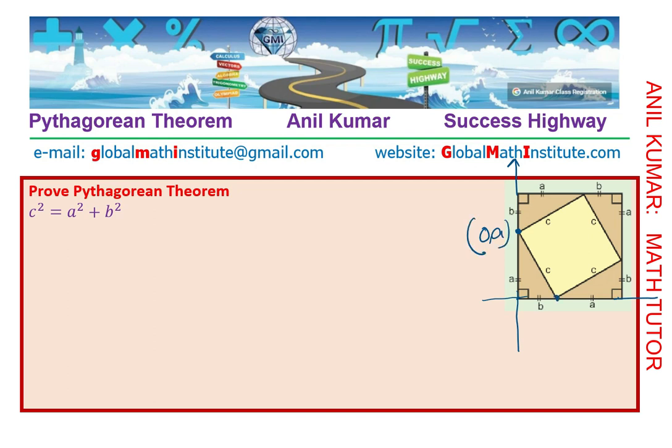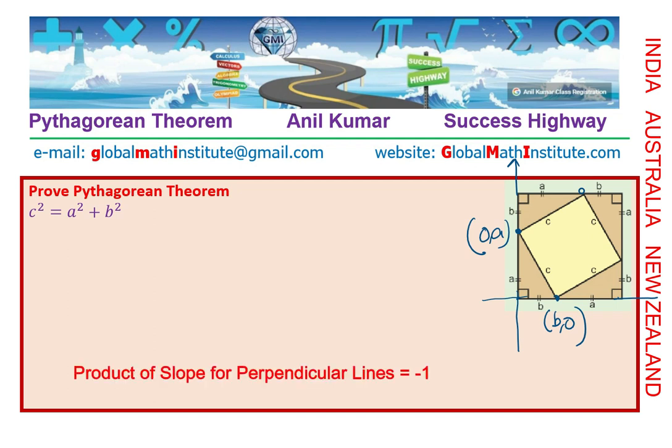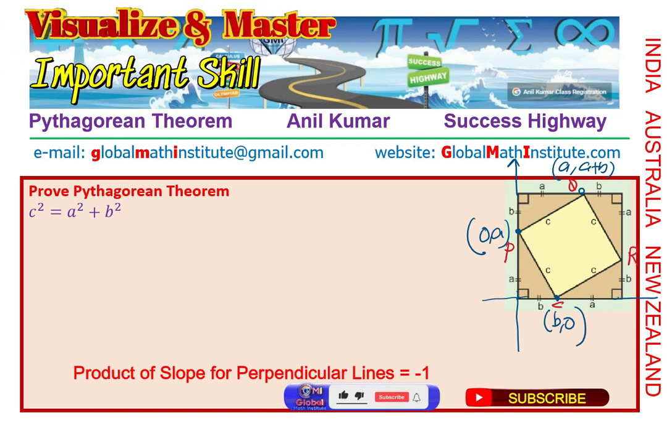This point here will be (b, 0), correct? This point here is a units to the right and a + b up, so this point here will be (a, a + b). Do you see that? So let's call these points P, Q, R, and S, let us say, right?